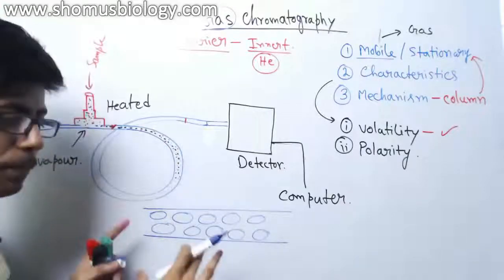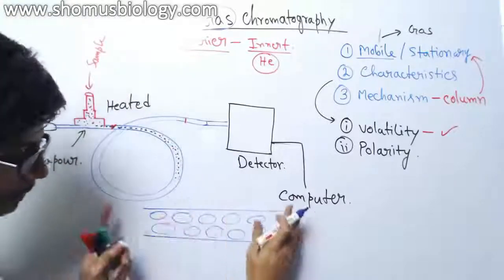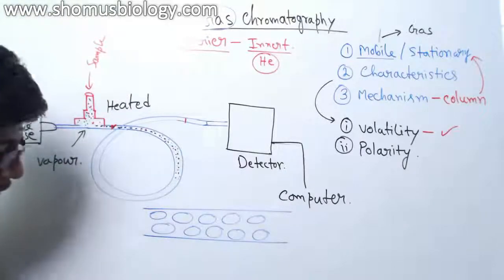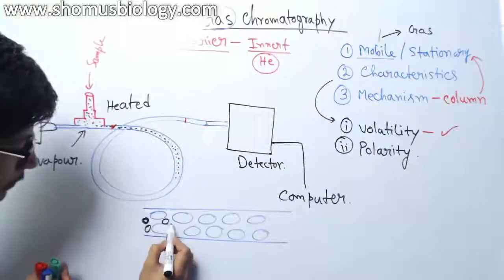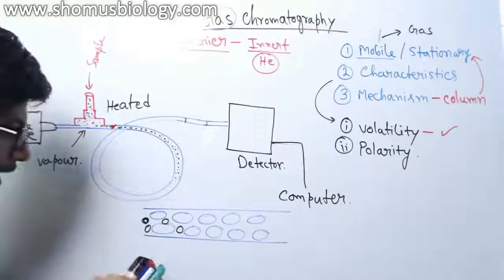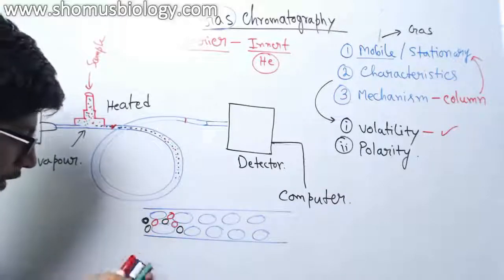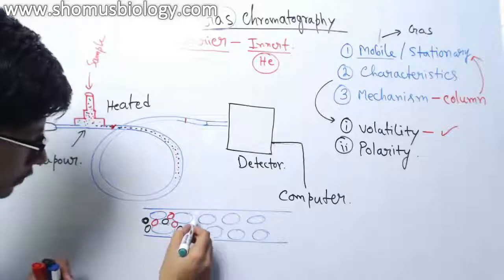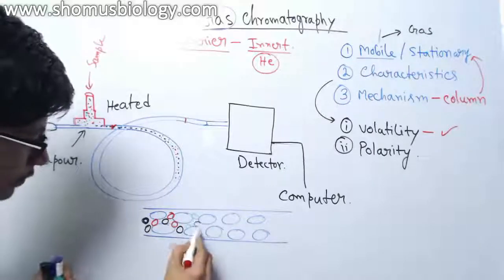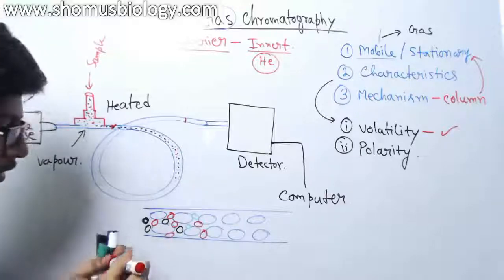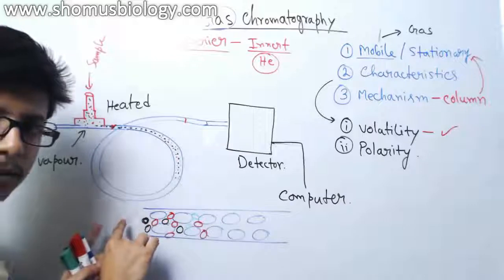Packed bed means it's filled with many other components inside. So this is the packed bed column, and now we have the mixture of three molecules: the black, the red, and the green, for example. We have these three types of molecules present there, and they will start moving by pressure.